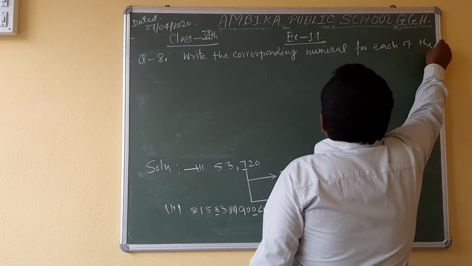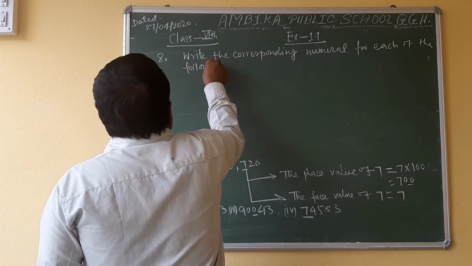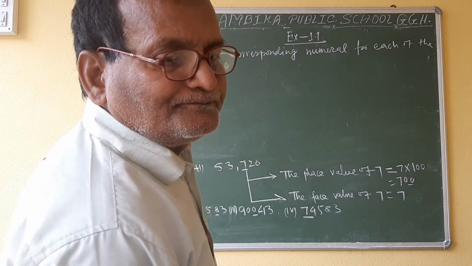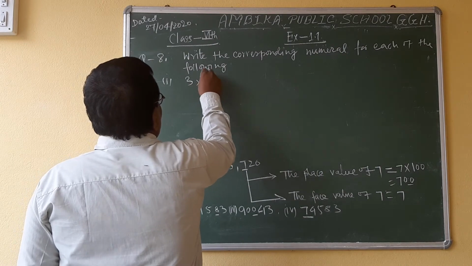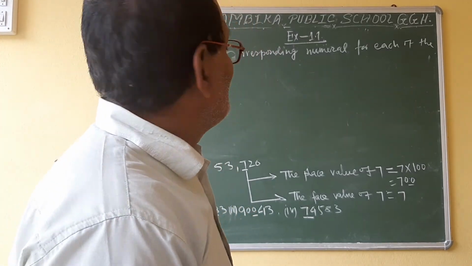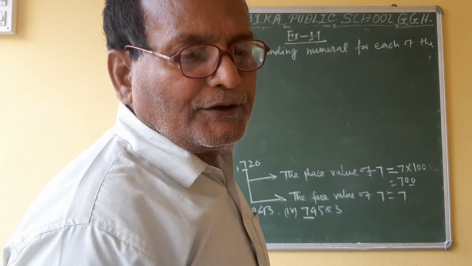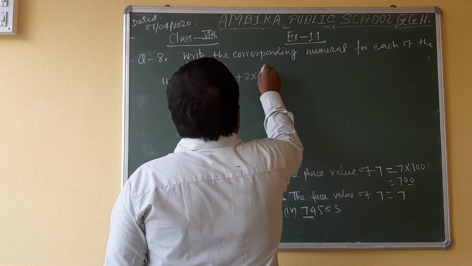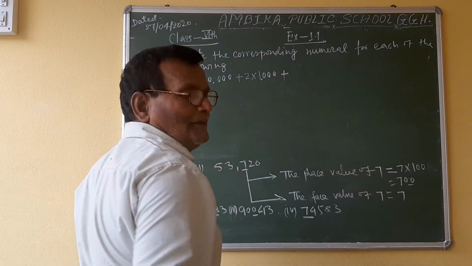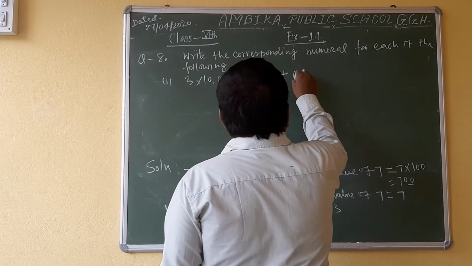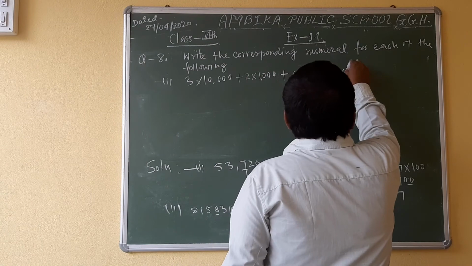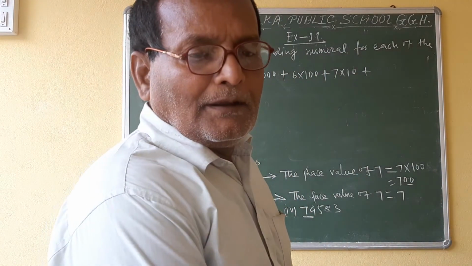The one number question is 3 into 10,000 plus 2 into 1,000 plus 6 into 100 plus 7 into 10 plus 5 into 1.